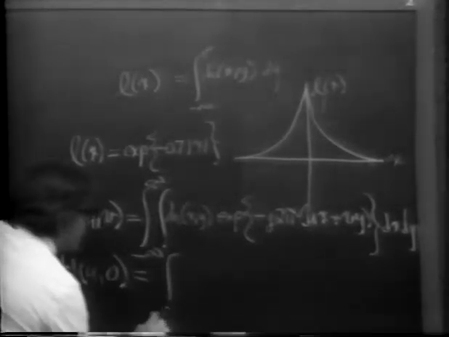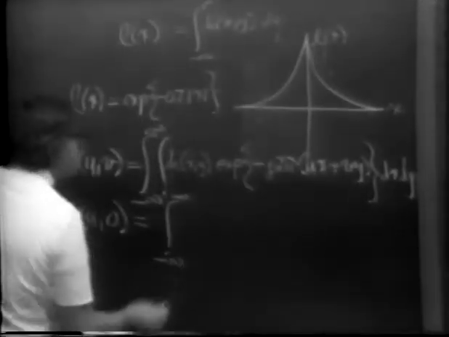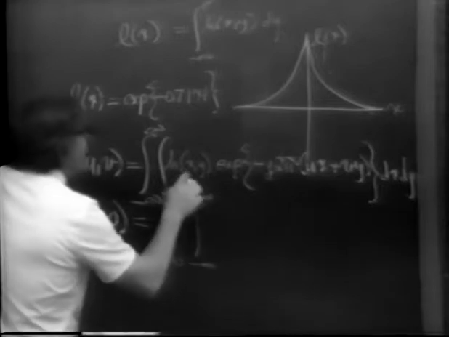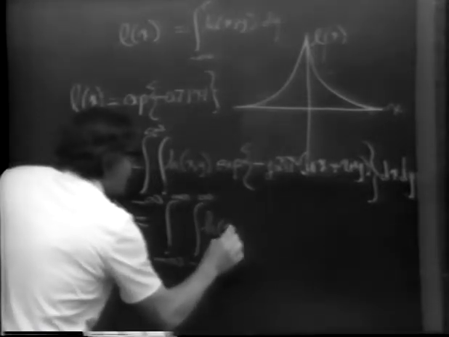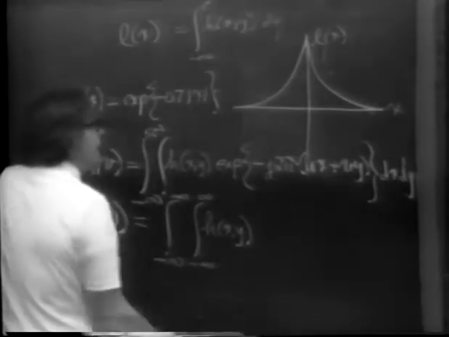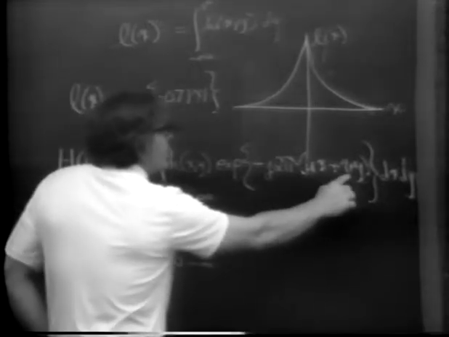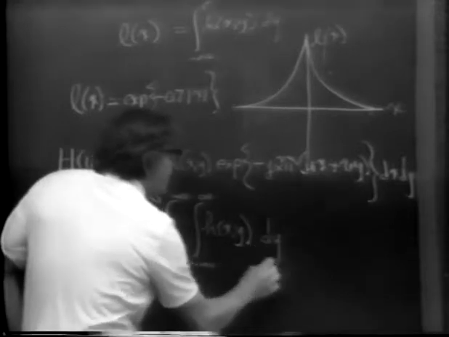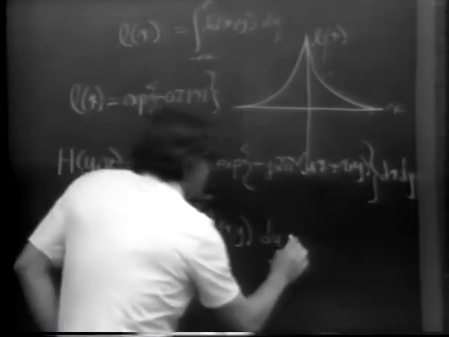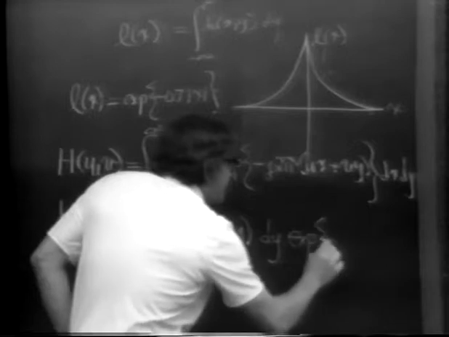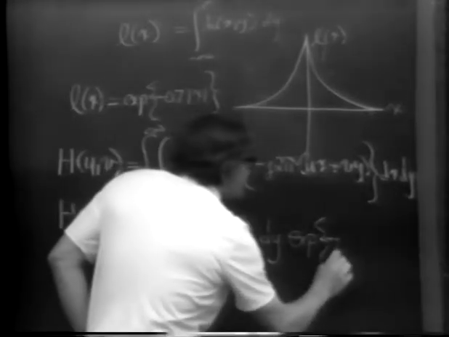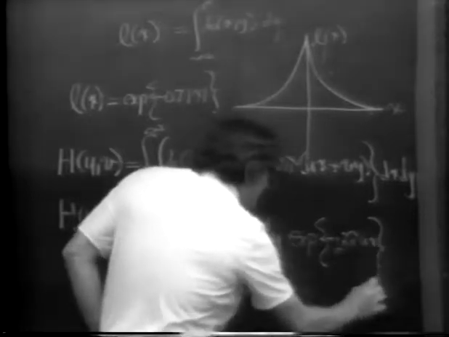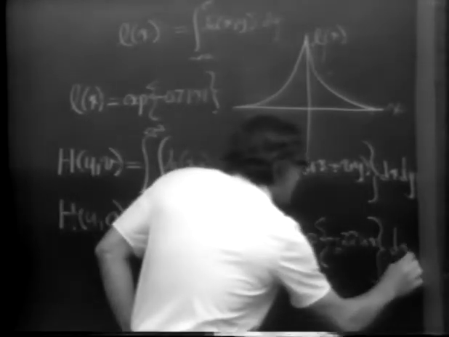It would now be equal to an integral from minus infinity to infinity, another integral from minus infinity to infinity, h of xy, and now if I had v equal to 0, I could bring the integration with respect to y first inside, then multiply it by this complex sinusoid that now would just be e to the minus j 2 pi ux, and integrate with respect to x.